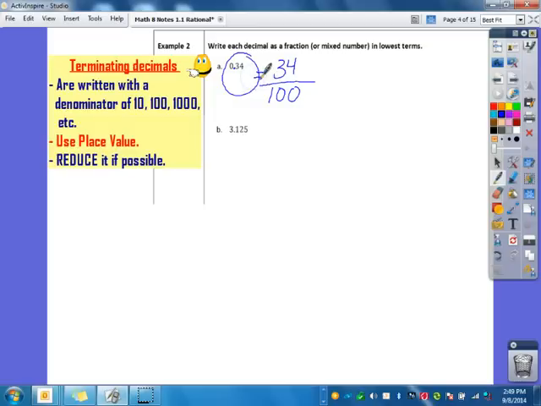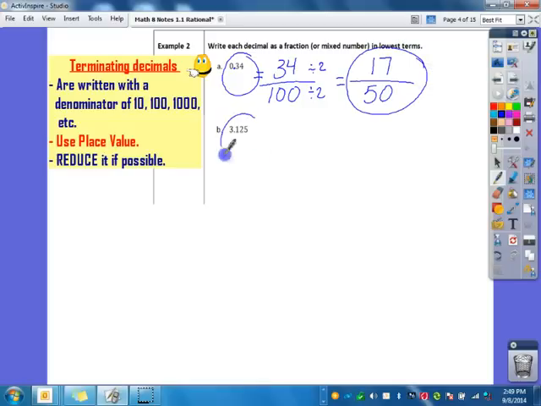Those are equal. Now we simplify. Well, they're both even, so divide by 2. And we get 34 divided by 2, 17. 100 divided by 2, 50. And that is in simplest form.